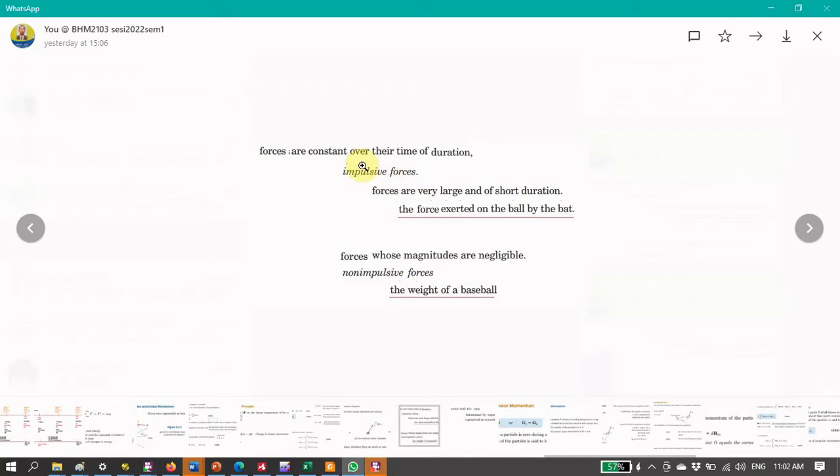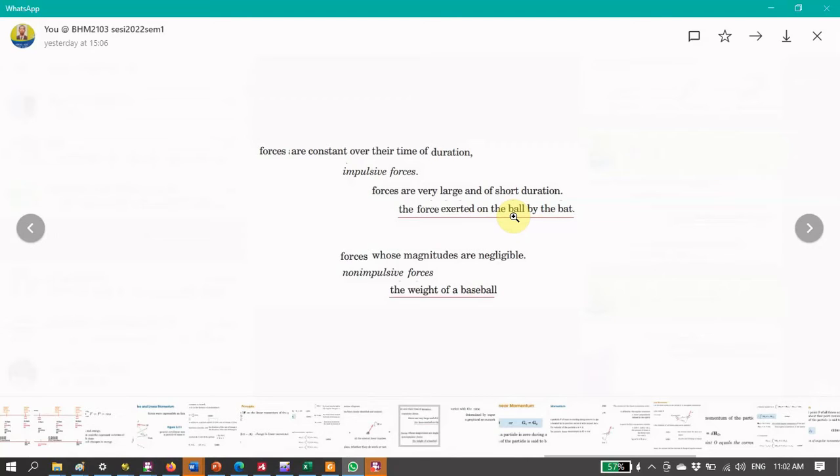For example, an impulsive force such as the force exerted on the ball by the bat. We have two particles here, the ball and the bat. The force exerted by the bat on the ball is so large but only appears for a very short time.